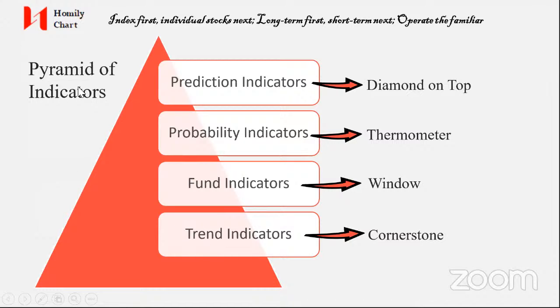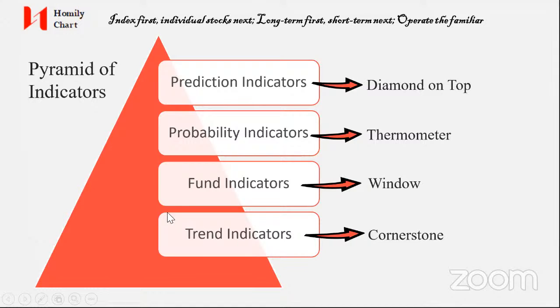So the pyramid of indicators, we have several categories, different categories of indicators. The cornerstone here is the trend indicators. So according to Dow theory, we know trend is the core of technical analysis, we can say. Trend is the most important thing, right? So trend indicators, they are the cornerstone.